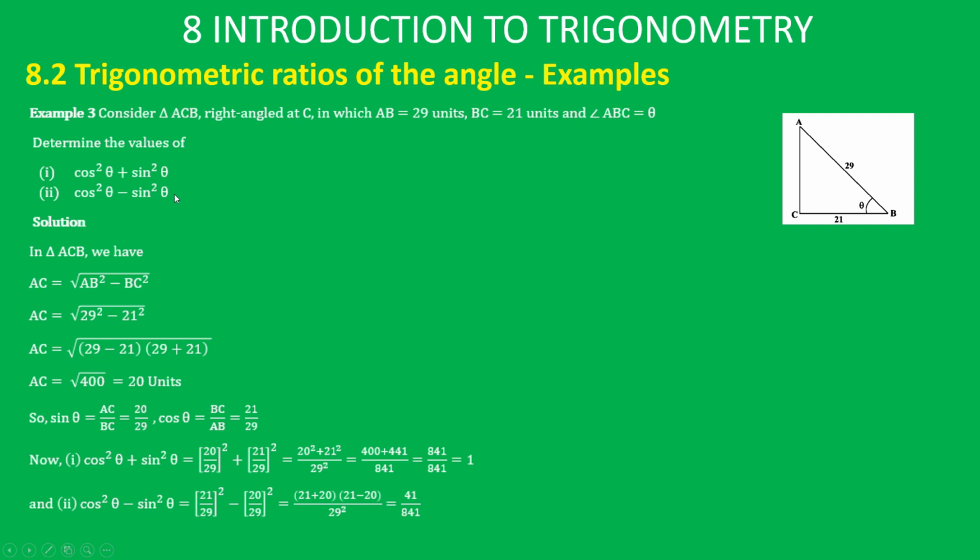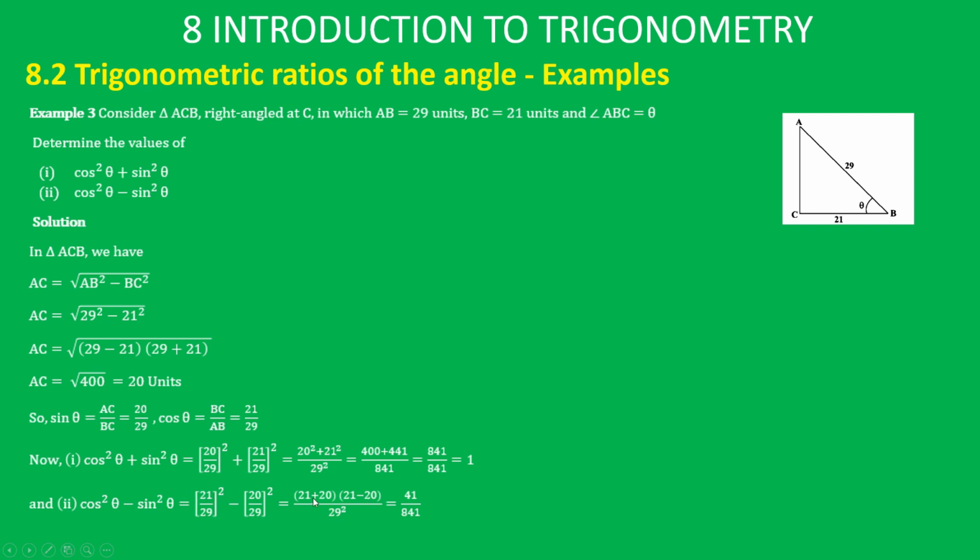Okay. Now, what is the second one? Cos square theta minus sin square theta. What is cos theta? 21 by 29 whole square minus sin theta. What is sin theta? 20 by 29 whole square. Now, LCM is 29 square and it is 21 square minus 20 square.